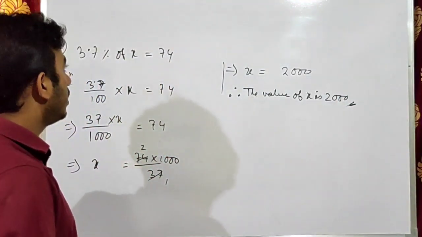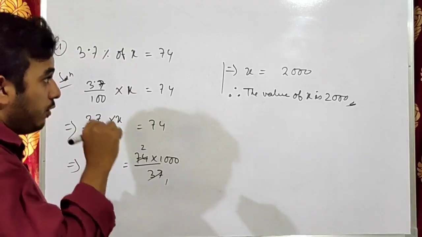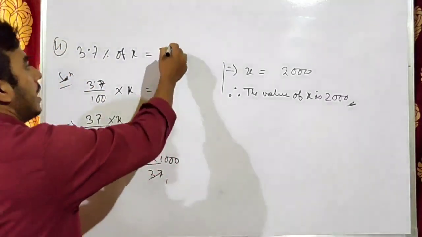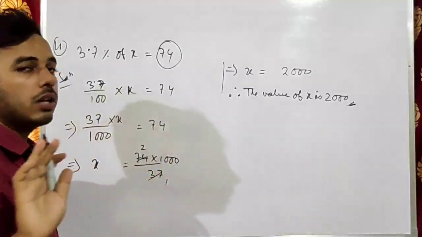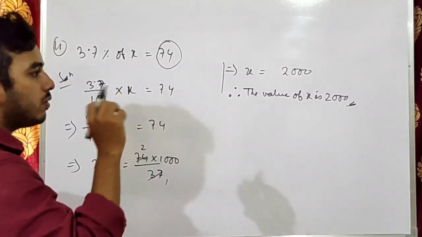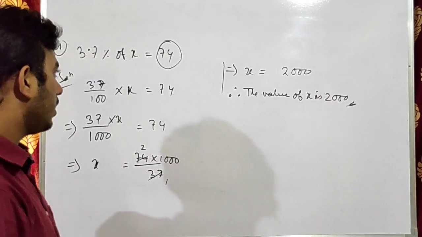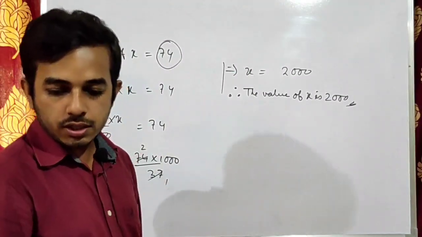That means what? If we find 3.7% of 2000, the result will be 74. Clear? 3.7% of 2000 is 74. After this clear? Okay, so now let's move to the next.